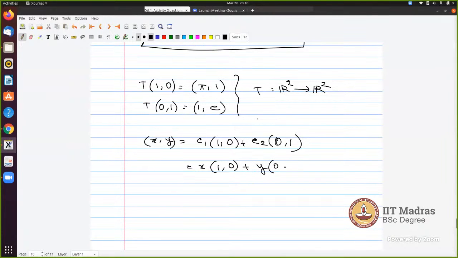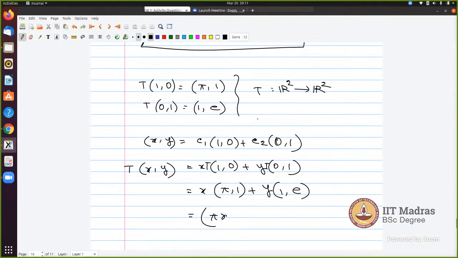Yes, sir, because this is the standard ordered basis. So T of (x, y) is basically x times T of (1, 0) plus y times T of (0, 1). So x(pi, 1) plus y(1, e), right? So this is (pi x plus y, x plus e y). This is your linear transformation. Clear now? Yes. Okay, great.